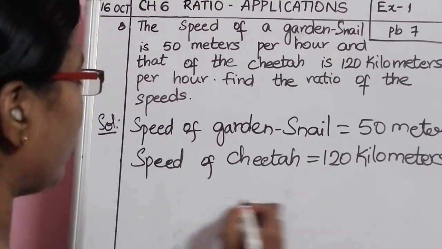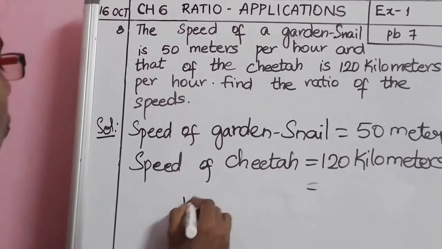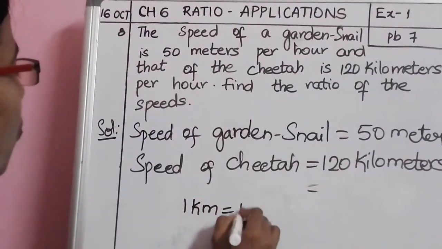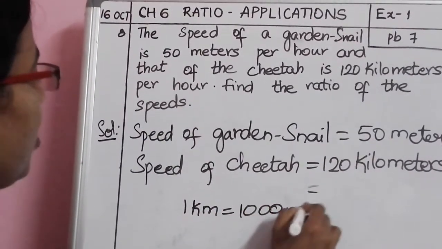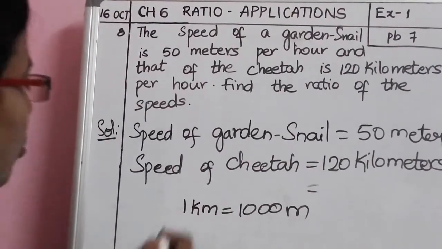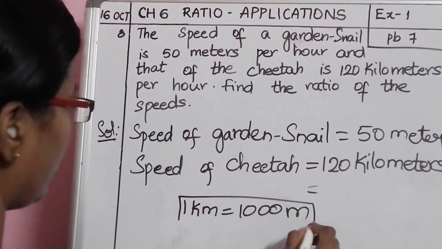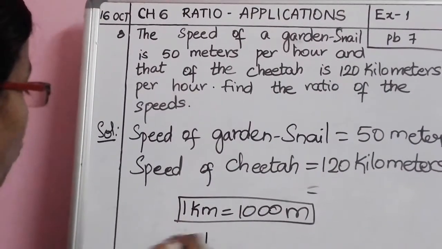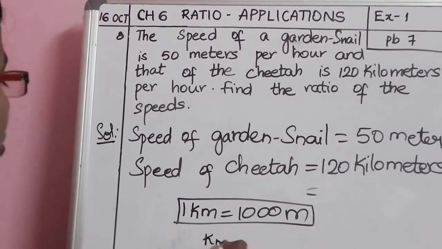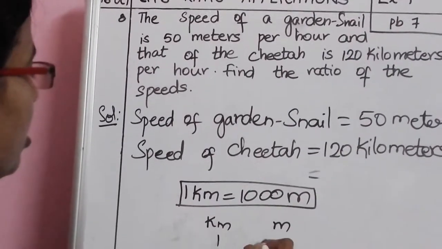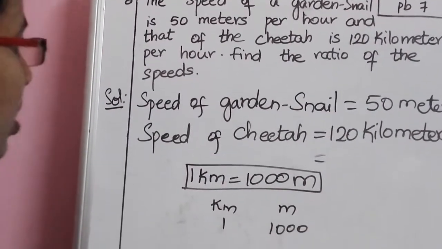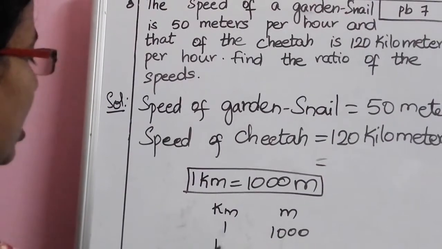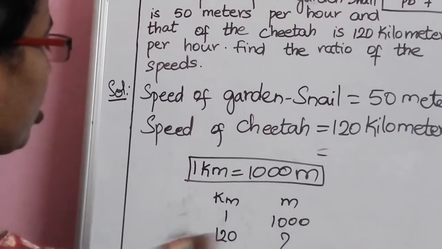So you know that 1 kilometer is equal to 1000 meters. This you already know. So now, kilometers we are going to write 1 kilometer, meters is 1000. Okay, so here 120 kilometers is how much?